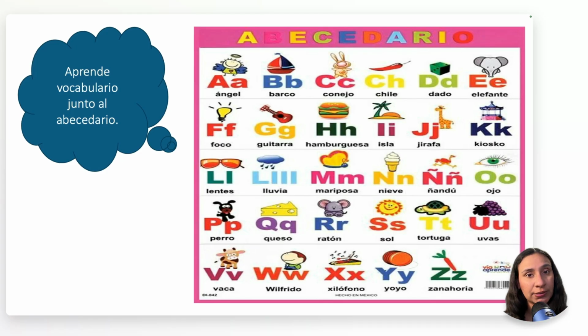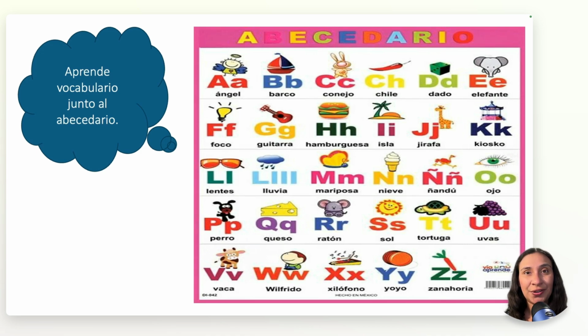M, mariposa. N, nieve. Ñ, ñandú. O, ojo. P, perro. Q, queso. R, ratón. S, sol. T, tortuga. U, uvas. B pequeña, vaca. W, Wilfrido. X, xilófono. Y, yo.